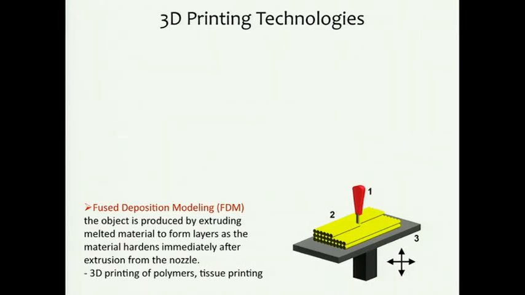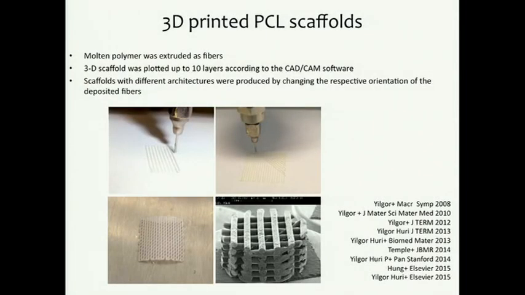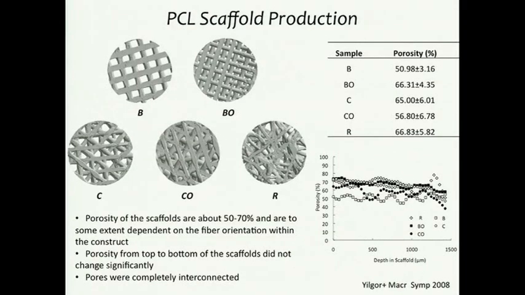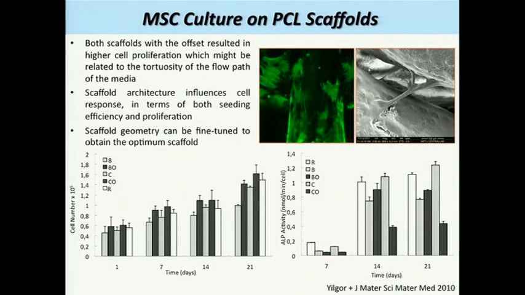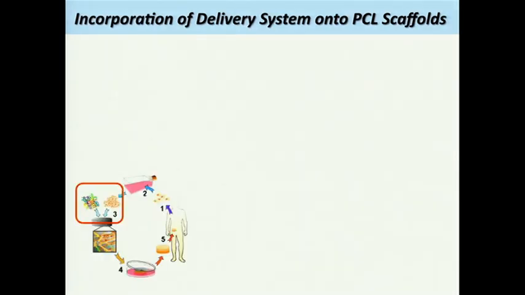I won't go into details, but the important thing is that fused deposition modeling is the approach we are using to print polymers. These are examples of how we 3D printed scaffolds and grew cells in them.